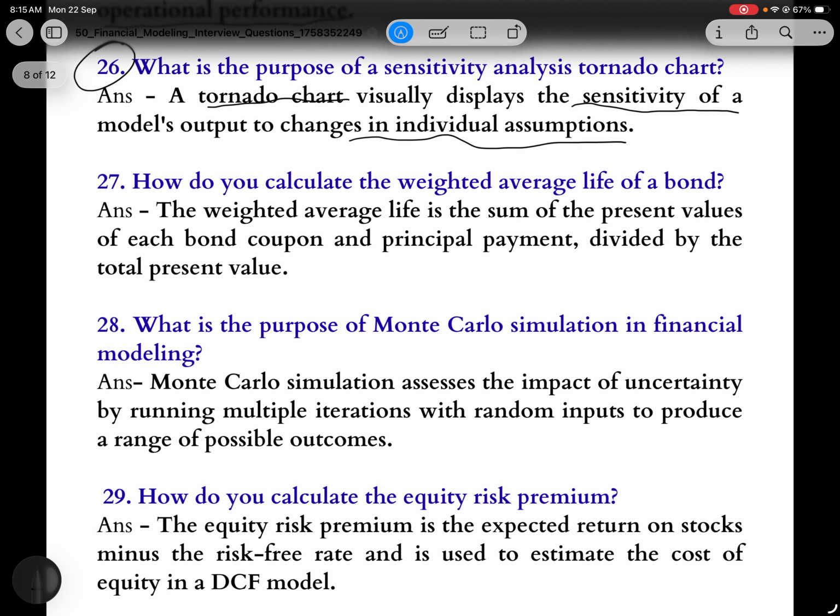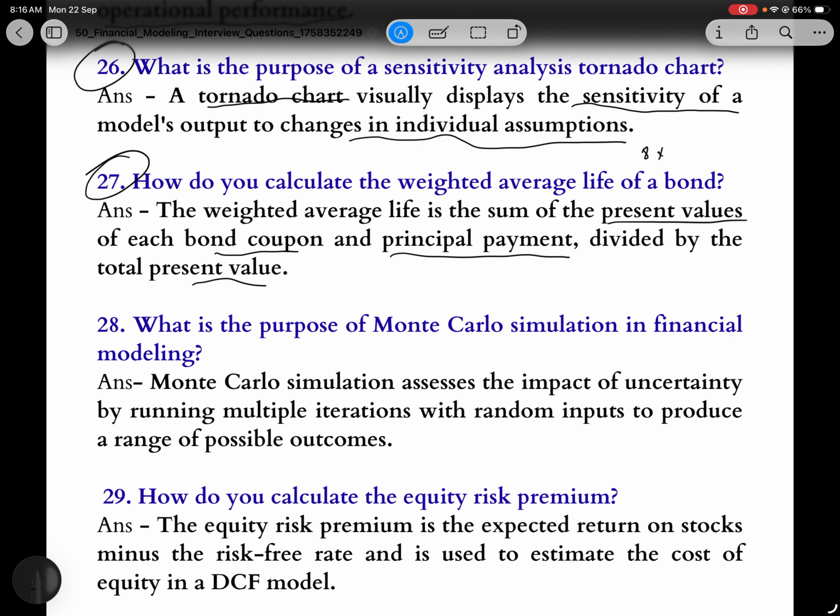Okay, next is 27: how do we calculate the weighted average life of a bond? It's the sum of present values of all the bond coupons, so 8% coupon, it could be 7% coupon, and all the principal payments, divided by the total present value.